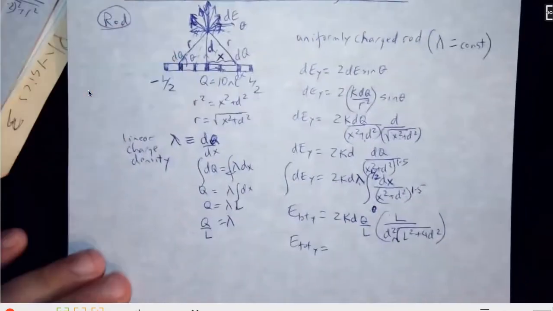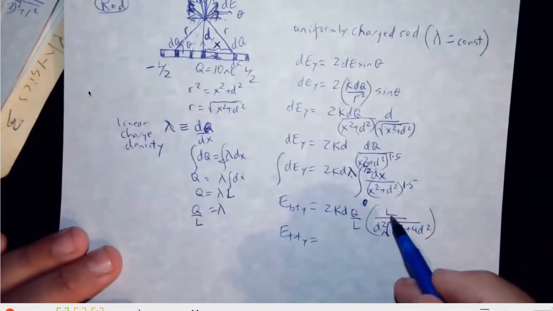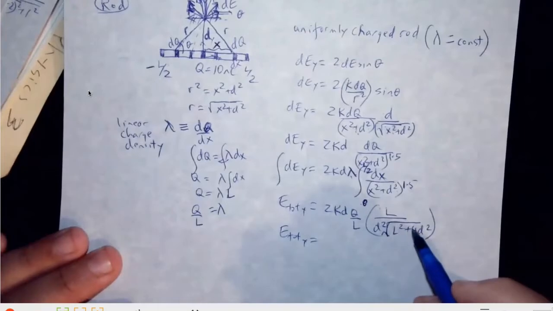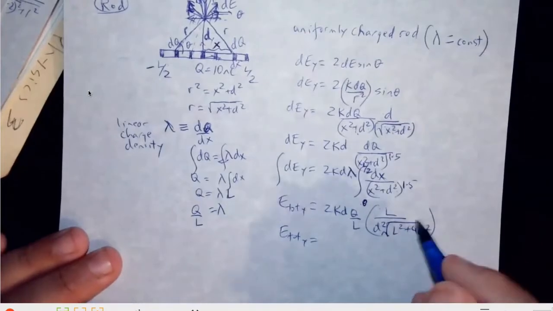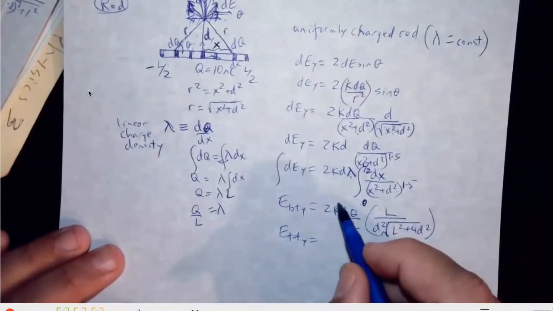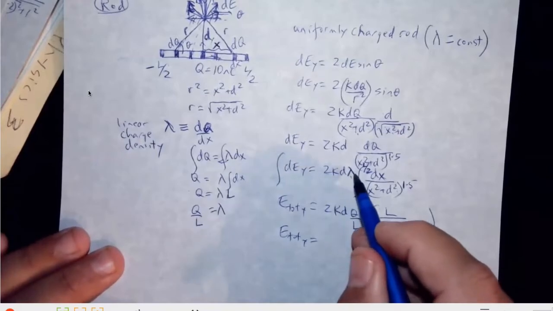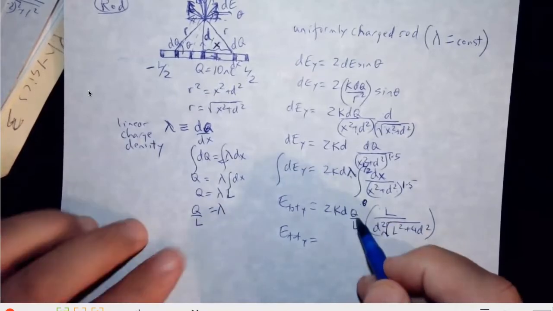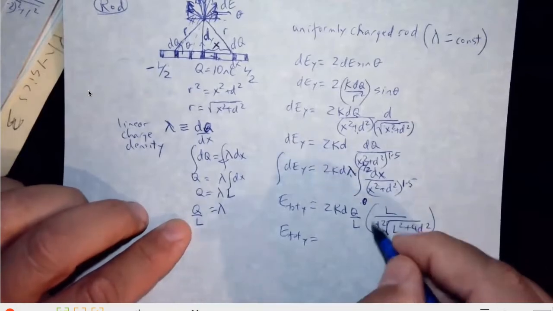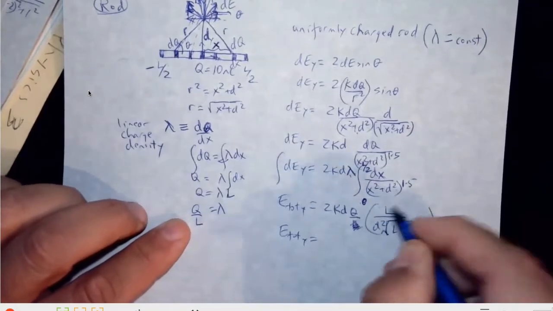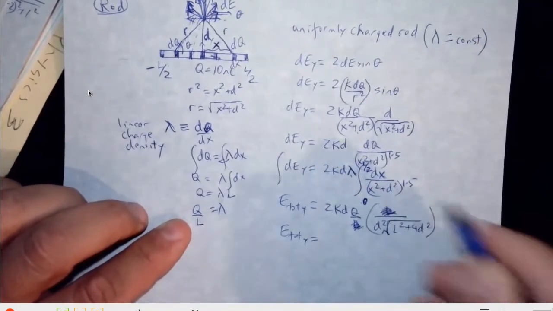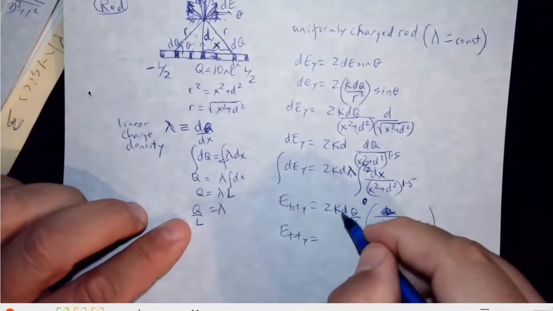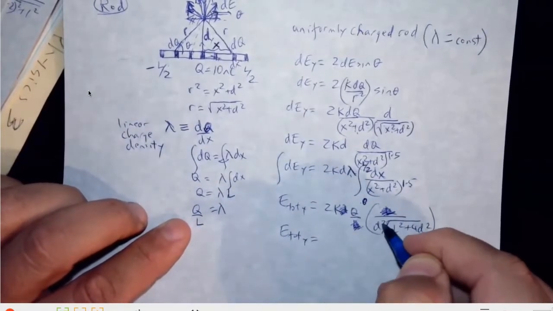So the integral came out to be L over d squared over the square root of L squared plus 4d squared. Now I'm going to multiply that by 2k d lambda, and the lambda was Q over L. The L cancels the L, and the d cancels the d.